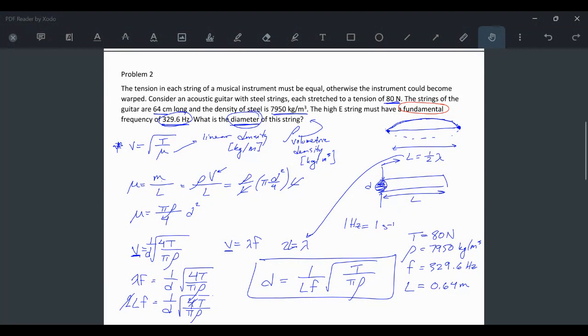One thing I challenge you to do first, if you want, is just do unit analysis on this and check that everything makes sense. The left side is a diameter, right? It should come out in units of meters, or in dimensions of length. On this part, you have L in units of meters, you have F in units of hertz, which is the same as per second.